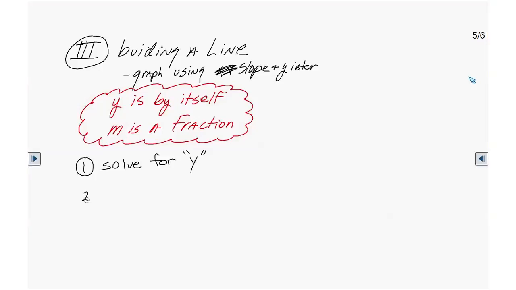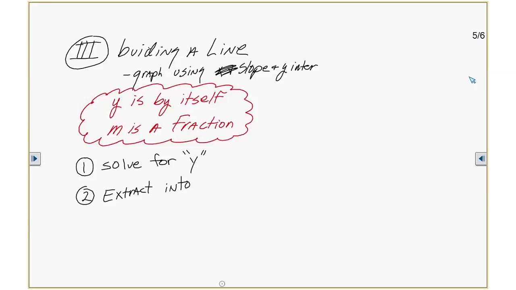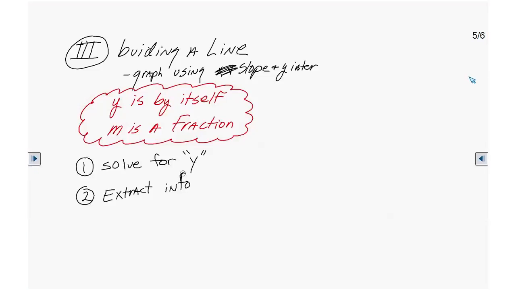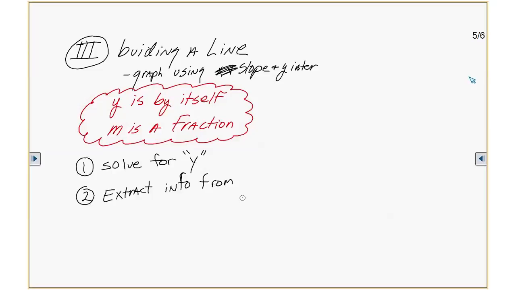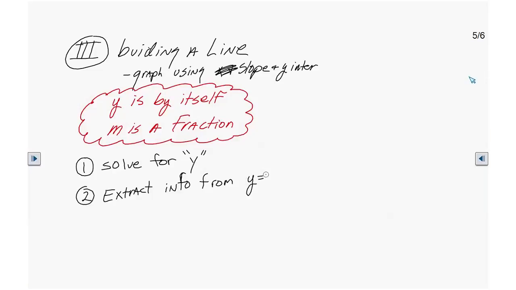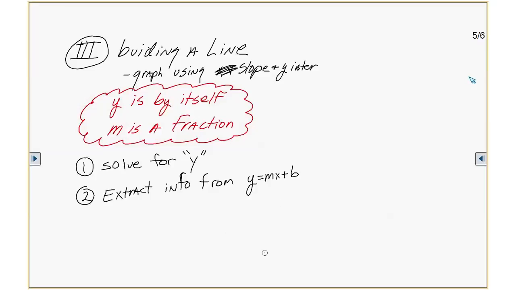2, extract. What does extract mean? Think of a tooth. Pull it out. Extract info from y is equal to mx plus b. I'm going to give you an example here.